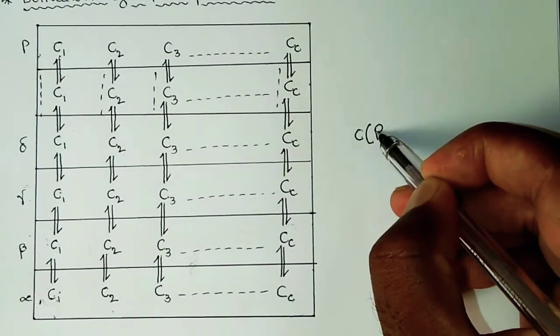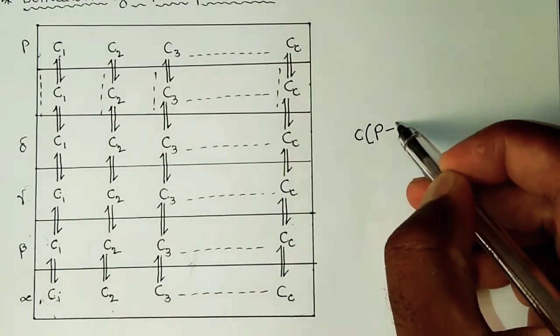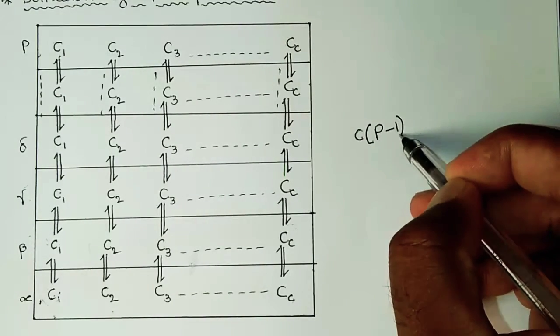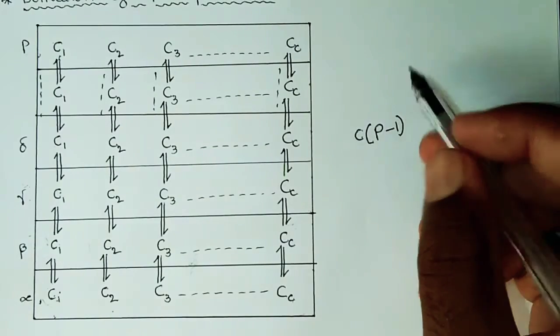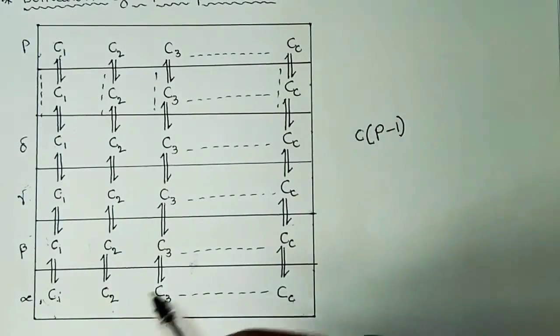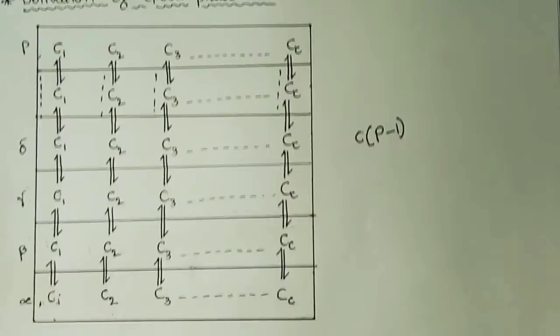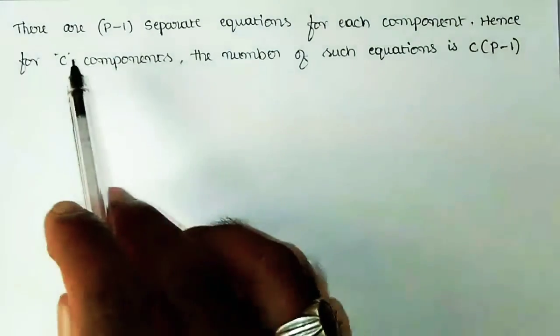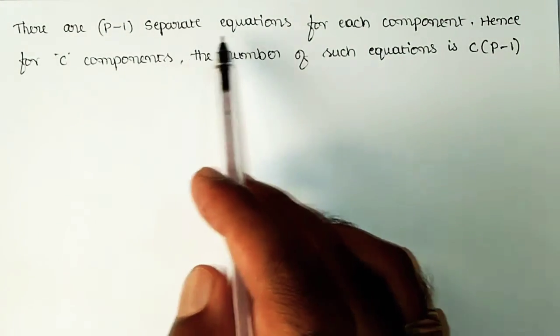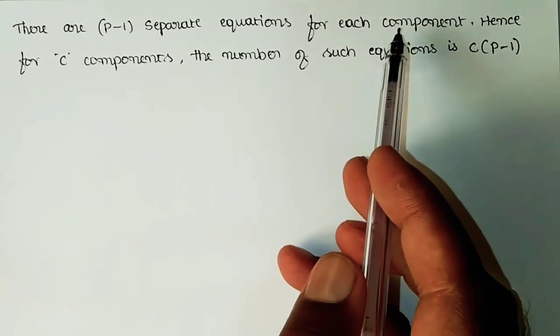There are a total of P phases and P minus 1 equilibrium relations developed for each component, that is, P minus 1 separate equations for each component.